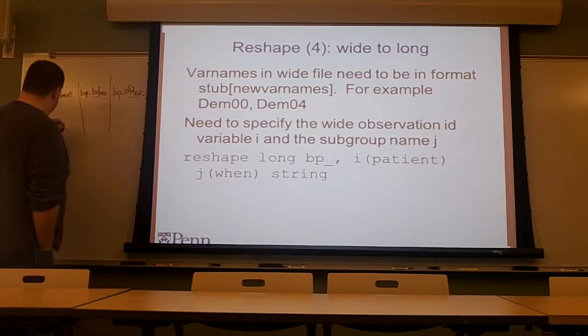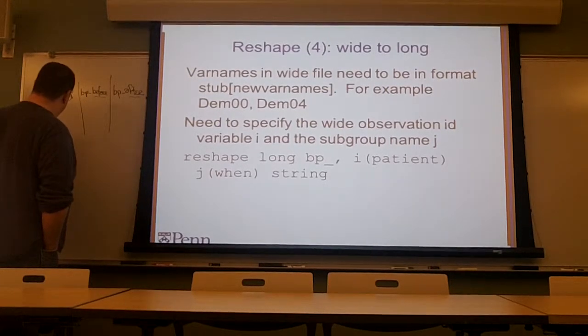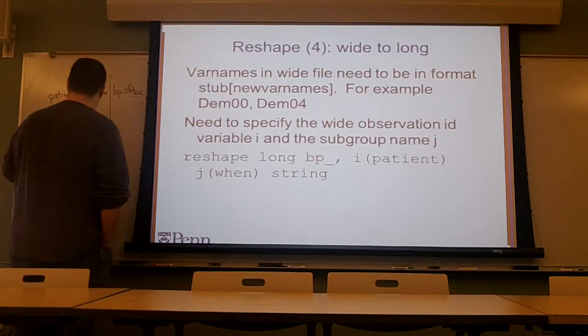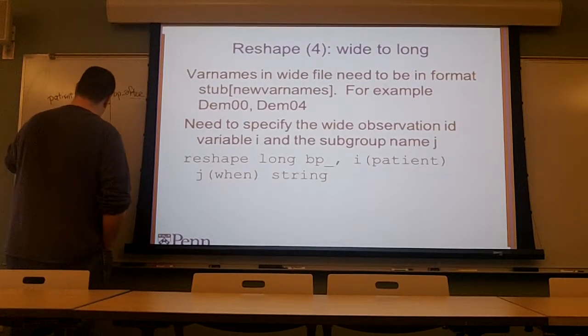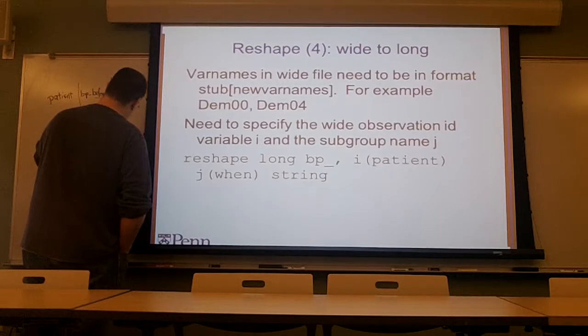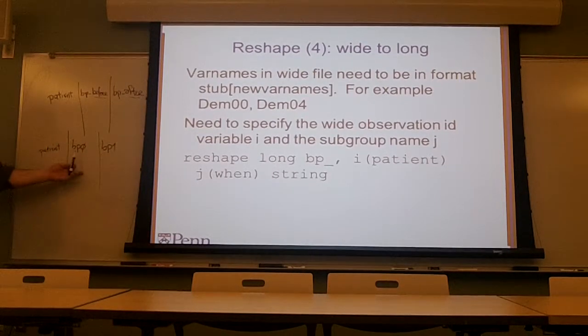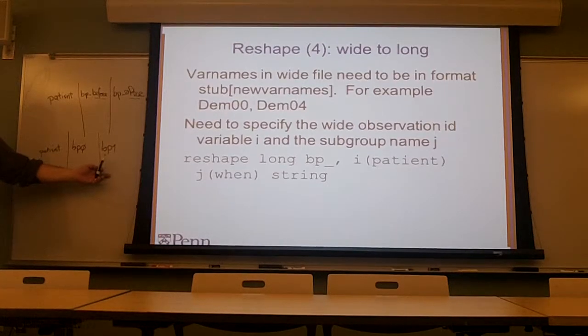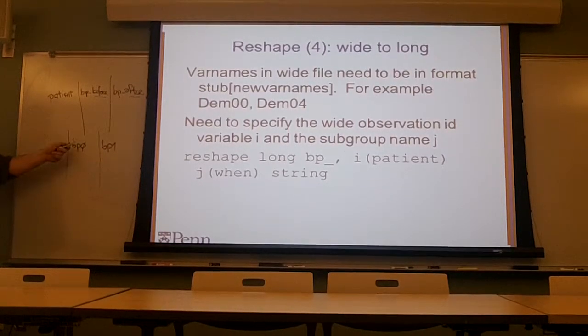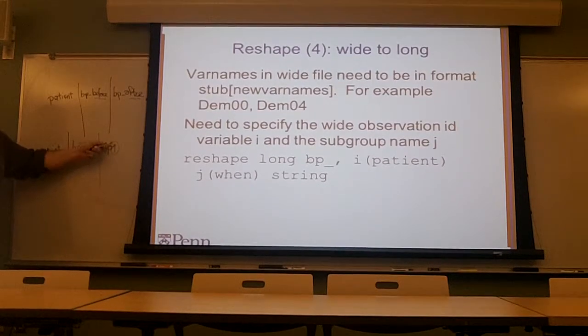I could have written the same data set and I could have named the variables this way. Right? I could have named it BP0 like a baseline, and then BP1 like a post-treatment measurement. So here the suffix is numeric.